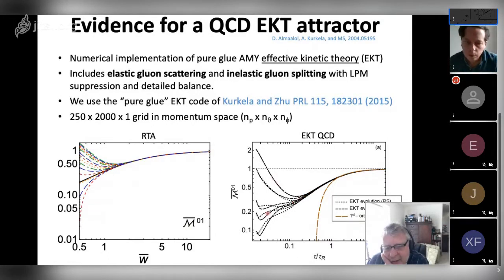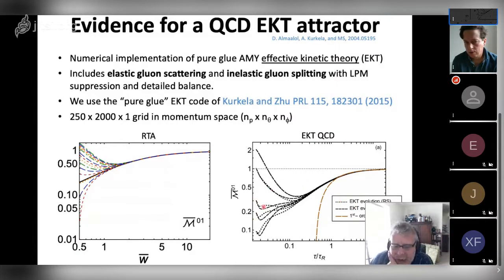Now, there's two sets of black curves. One is starting with just a spheroidally deformed thermal distribution, which I call RS, Romatschke-Strickland form. And the other one is an overoccupied CGC initial condition with all the parameters fixed to some calculation done by the Jyväskylä people.